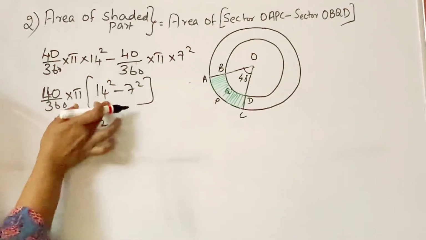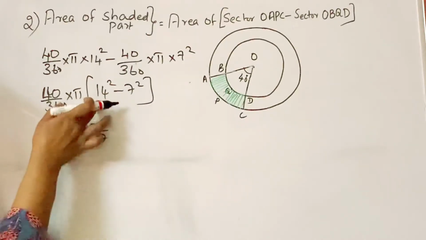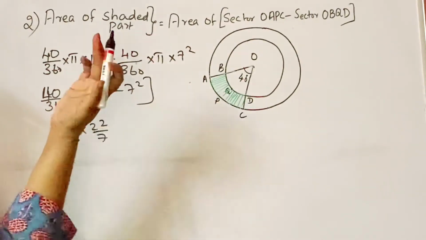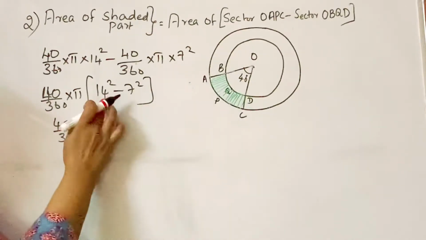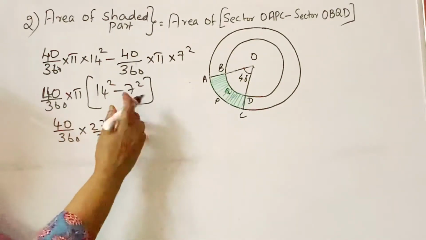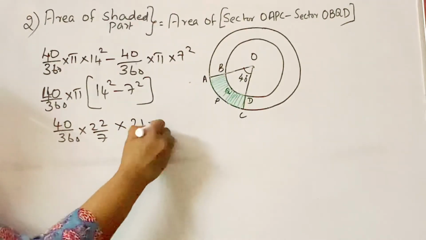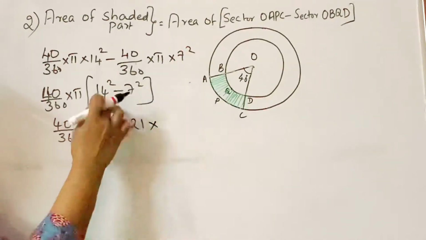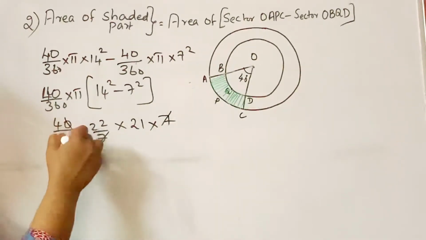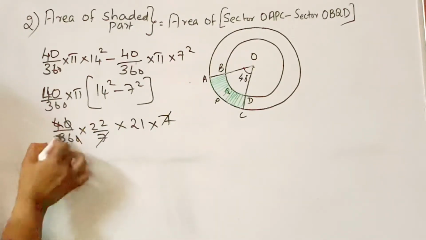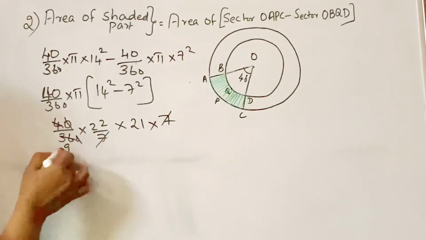You can take a square minus b square. The formula for a square minus b square is a plus b into a minus b. What is a plus b? 14 plus 7, that is 21. What is a minus b? 14 minus 7, that is 7. Look here, this gets cancelled. This 4, 9 times in 36.